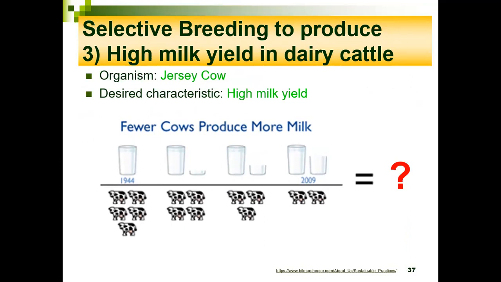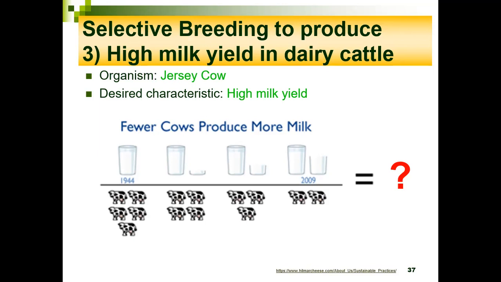So this one shows us that in 1944, you needed 5 cows to get this volume of milk, but now you only need to raise 2 cows and you can get even more milk than in 1944. So this is the advantage of selective breeding of cows that can produce more milk.